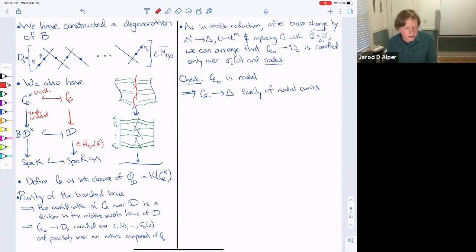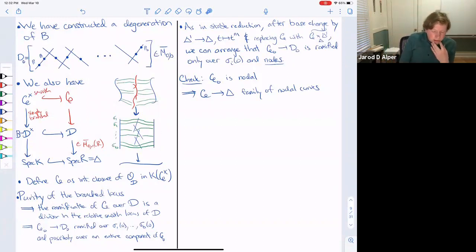We'd like to understand the ramification locus of the central fiber mapping to this curve D0, like what's happening under this map in the central fibers. Where is that map ramified?